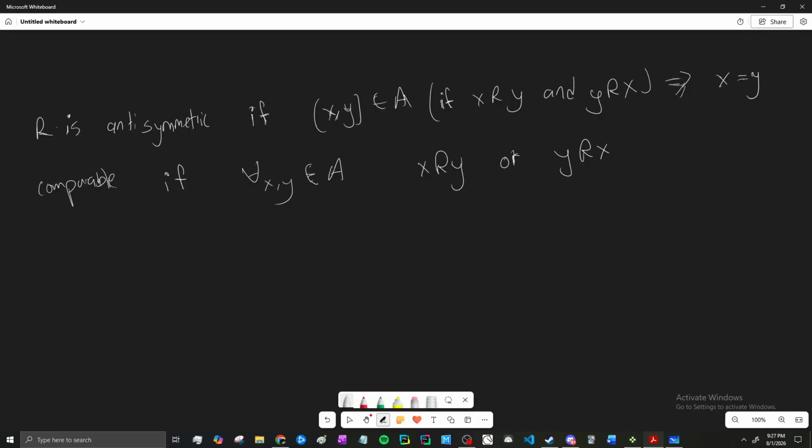So looking at A, obviously, A is given as 1, 2, 3, 4, and 5. Then R is 3, 2, 4.